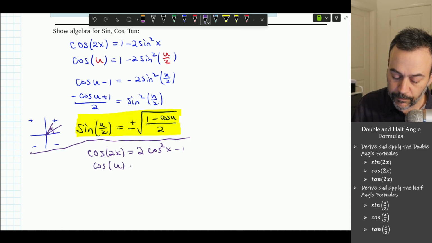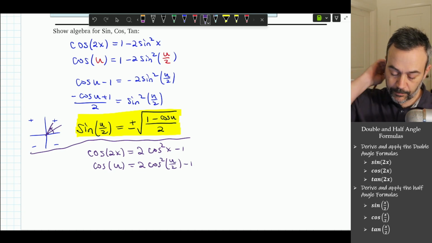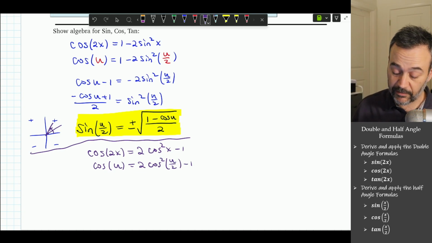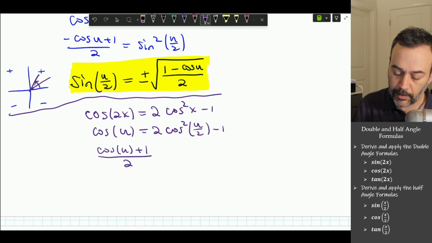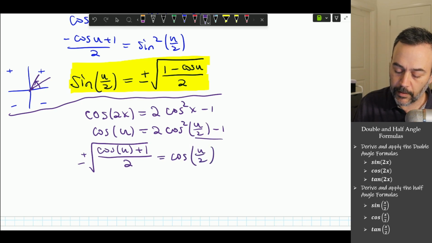This will be u: cosine u equals 2 cosine squared u over 2 minus 1. Now we just solve for cosine of u over 2, and I get plus or minus the square root of cosine of u plus 1 divided by 2 equals cosine of u over 2. And there it is.